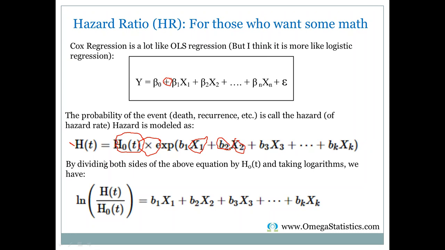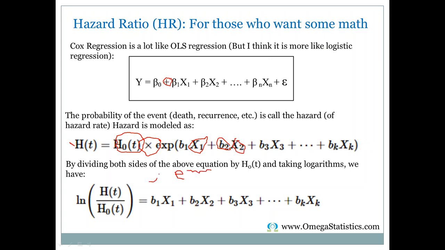So what we're going to do is divide both sides by h0(t), and then that will leave this. When you have the little e, on calculators you'll see exp, but it's e with your stuff up here.